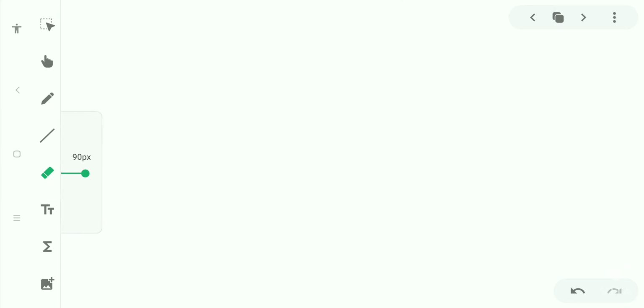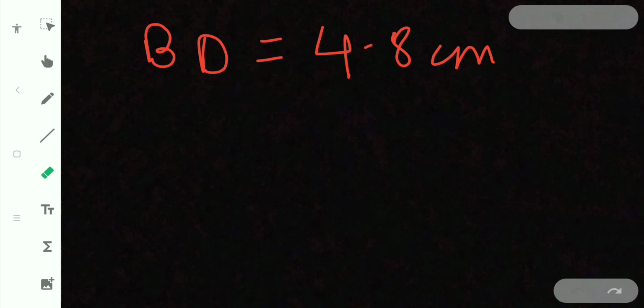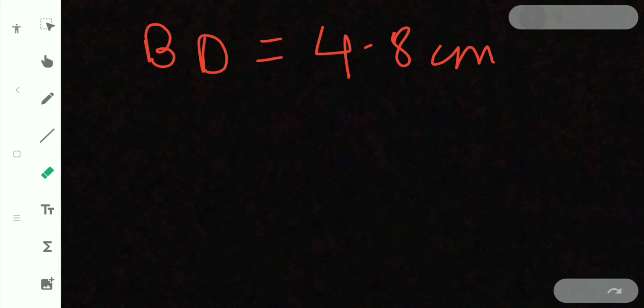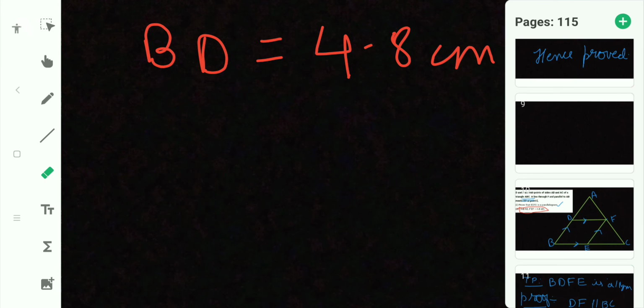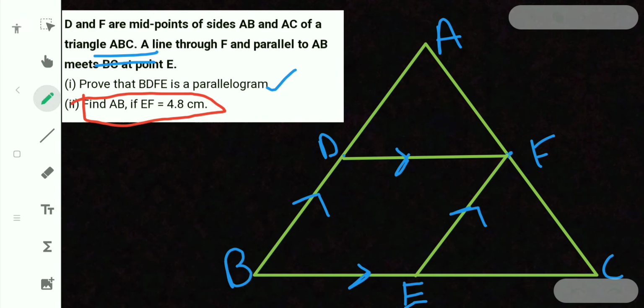So now what they asked is what is the value of AB. We can find it by what I have just done, that is, as D is a midpoint, BD will be equal to AD, which will be equal to half of AB.